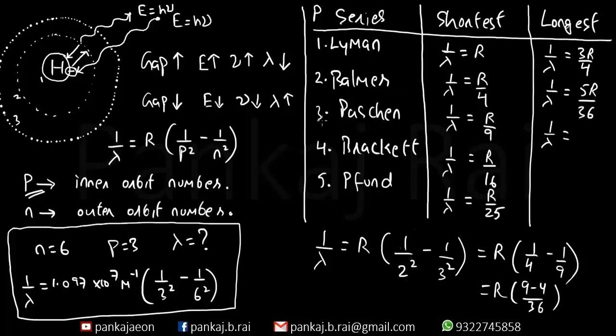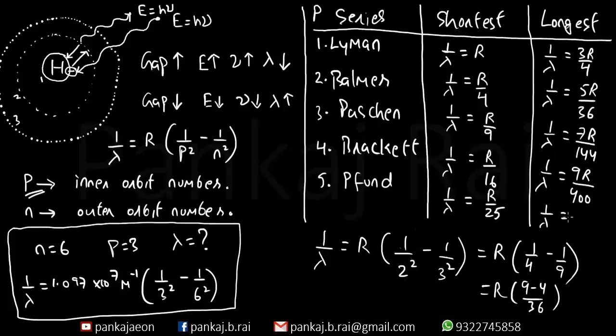So let us derive this. Paschen is 4 to 3, so add 4 and 3, it would be 7R. Multiply 4 and 3, it will be 12. The square of that, 144. So that is the relation for the longest wavelength of Paschen. Let us find the Brackett longest wavelength. Brackett is when the electron is coming from 5 to 4, so add 5 and 4, it is 9. So 9R upon 5 times 4, that is 20, and the square of that would be 400.